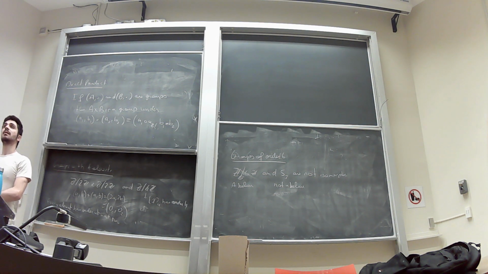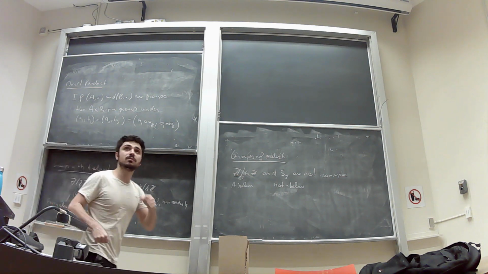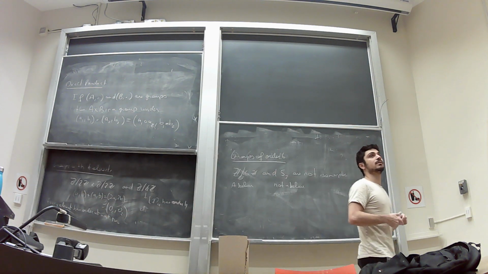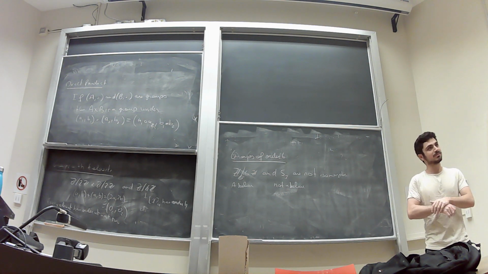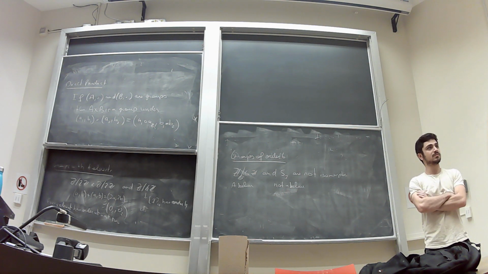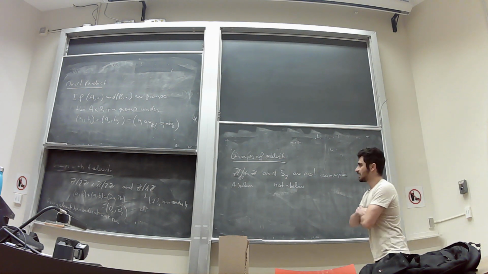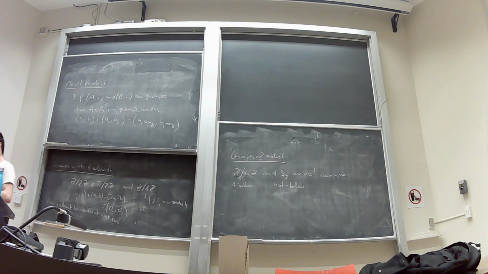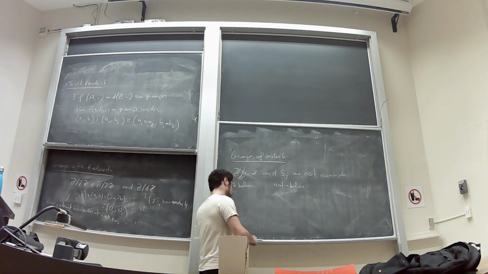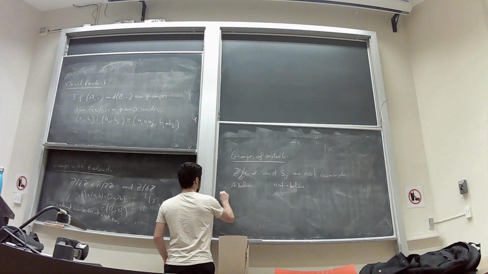So they must have the same number of elements of a given order. Now, Z2 cross Z3, for example, is a group with 6 elements. Is it isomorphic to any of these? That's a question. Theorem.